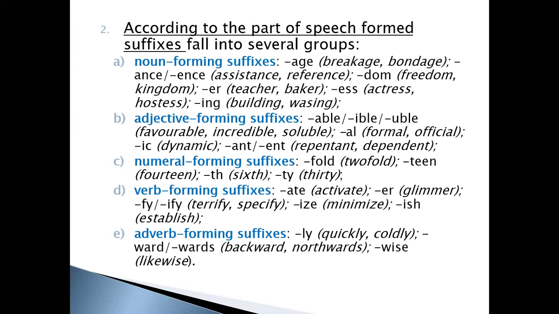Numeral-forming suffixes: -fold, twofold; -teen, fourteen. Verb-forming suffixes: -ate, activate; -er, glimmer; -ize, minimize; -ish, establish. And the fourth one is adverb-forming suffixes: -ly, quickly, coldly; -ward, backward, northwards; and -wise, likewise.